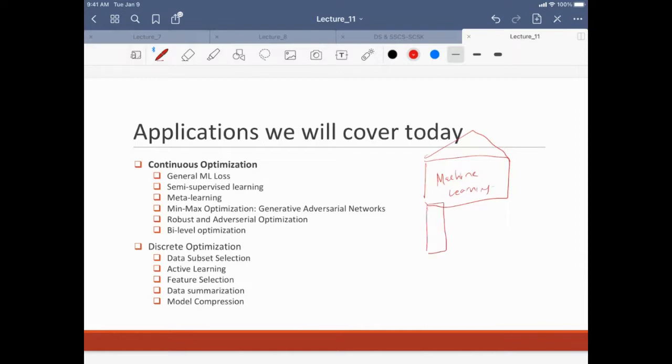Machine learning is like the entire foundation, and there are really two main pillars of machine learning. The first pillar is optimization, and the second pillar is statistics.